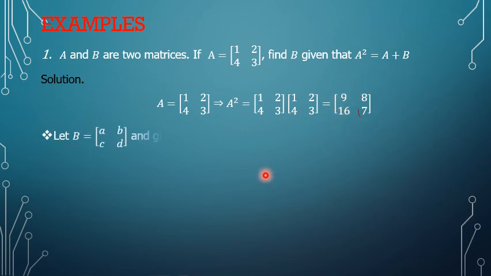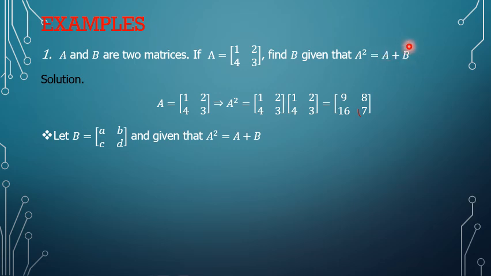To get B, we let B be [a, b; c, d], because we know that this is a square matrix. So we can put matrix B to be of the same size as matrix A, given that A squared is A plus B. We are using a 2 by 2 matrix because A is a 2 by 2 matrix, and we remember in matrix addition that matrices are only compatible for addition if they are of the same order.